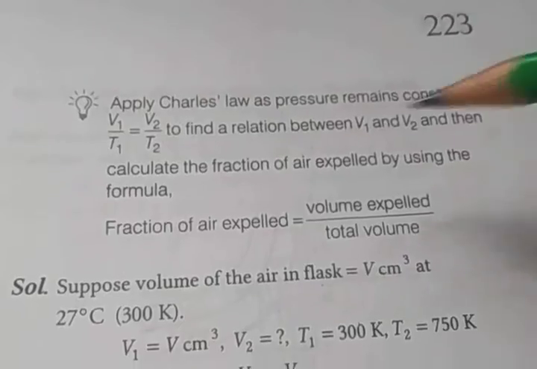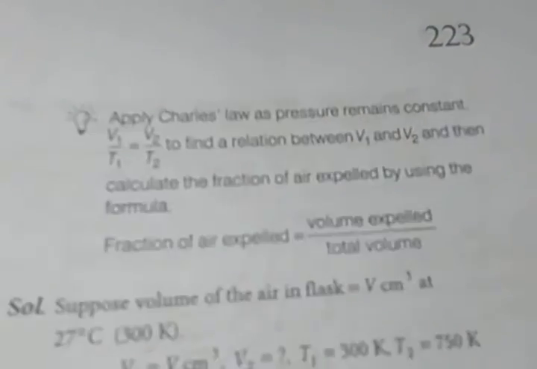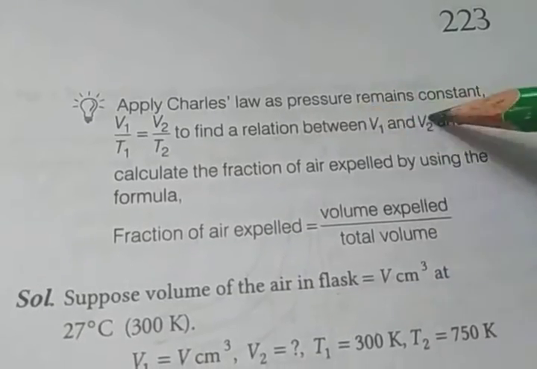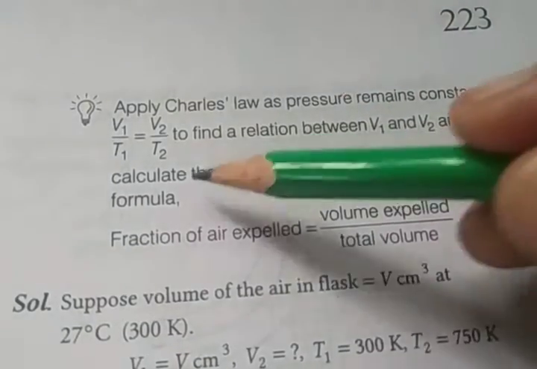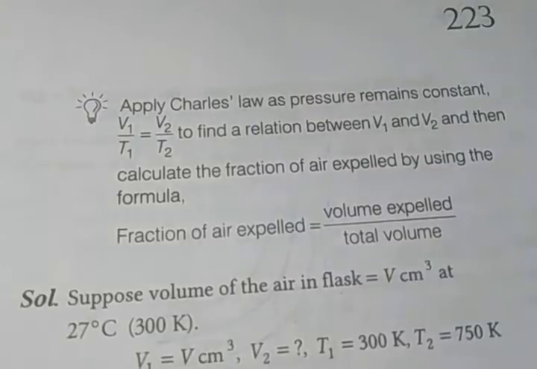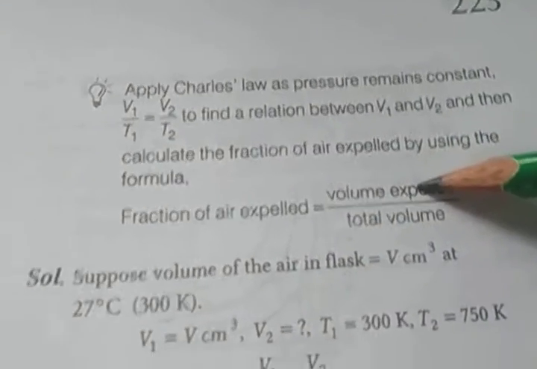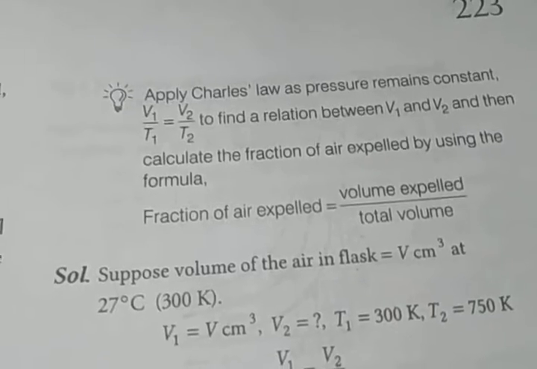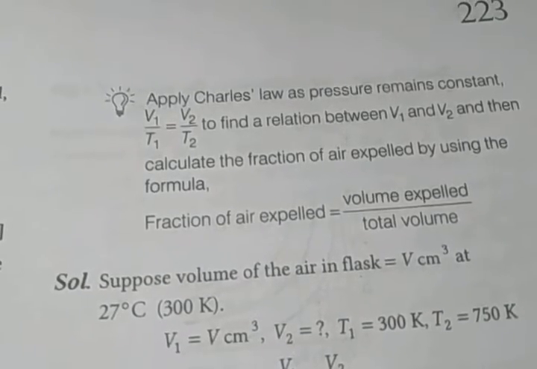Here the question discusses temperature and volume, so apply Charles law, because pressure remains constant: V1 divided by T1 is equal to V2 upon T2. Calculate the fraction of air expelled using the formula: fraction of air expelled is volume expelled divided by total volume.